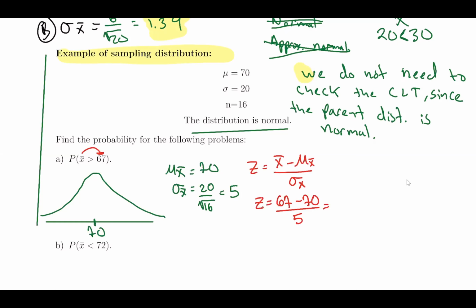Remember, guys, I'm saying 67 minus 70. Minus 3 over 5. So if you do minus 3 over 5, you get negative 0.6. So this is my z value. Z is equal to negative 0.6. Everybody get how I got z is equal to negative 0.6?